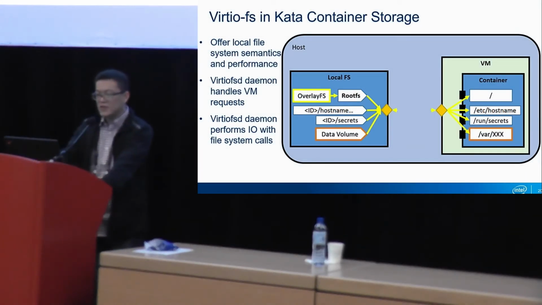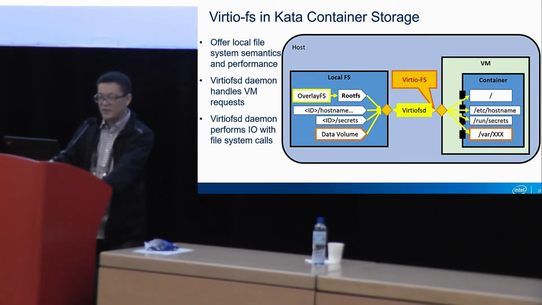So Virtio-fs in the Kata container storage offers local file system semantics and performance. The Virtio-fs daemon will handle the VM request, and the Virtio-fs daemon performs the IO request with file system calls.